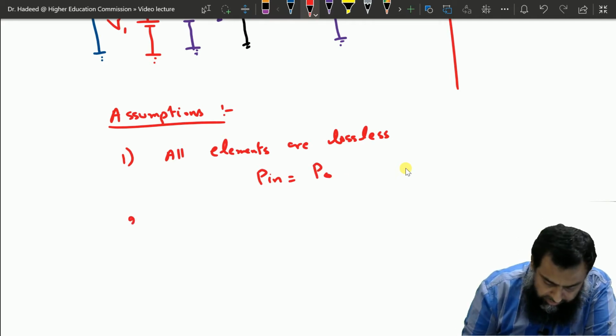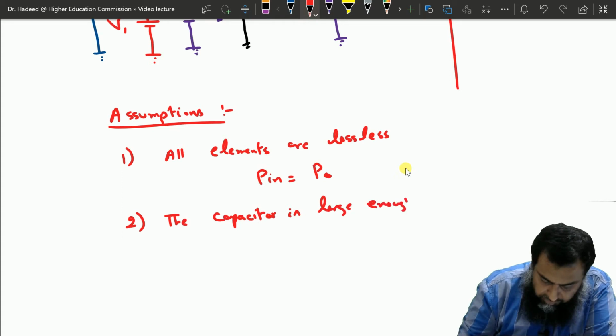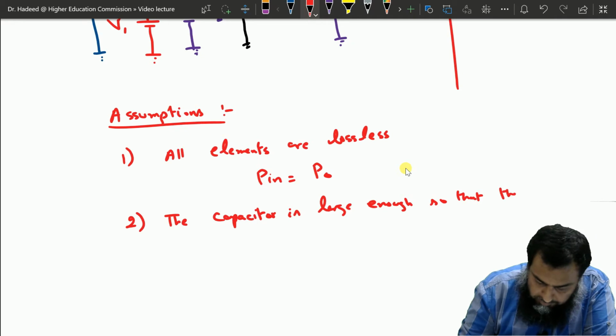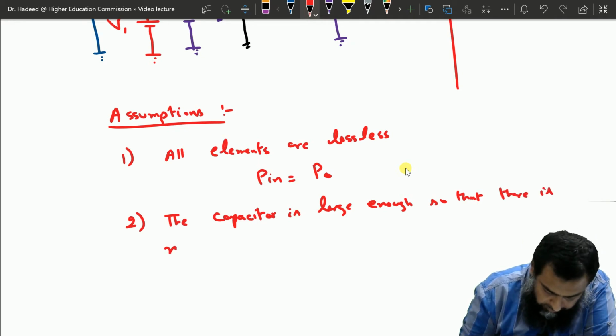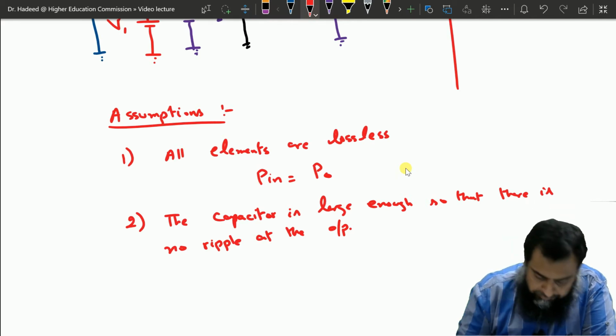The second assumption is that the output capacitor is large enough so that there is no ripple at the output. So we have a large enough capacitor such that all the ripples are neglected.